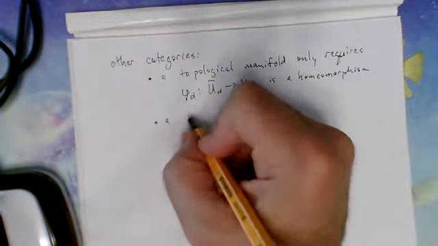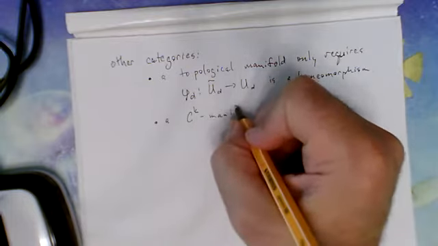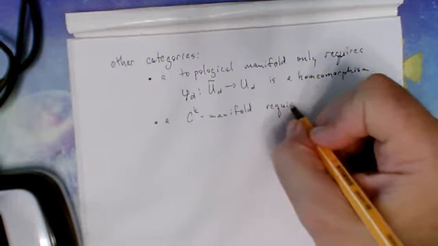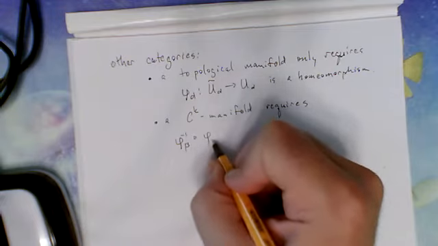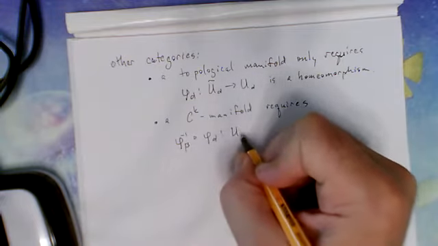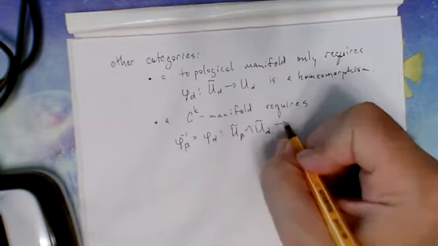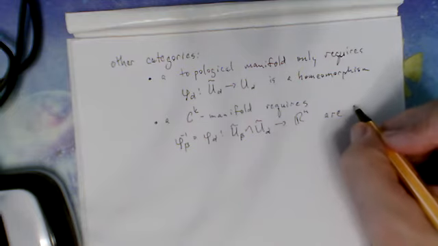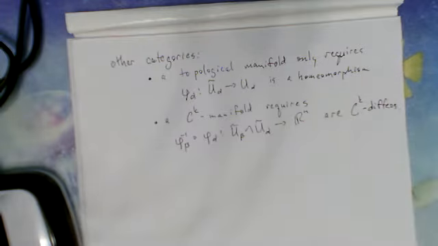And you can reduce the regularity. So for instance, a C^k manifold requires that these transition maps I wrote down before are C^k diffeomorphisms.